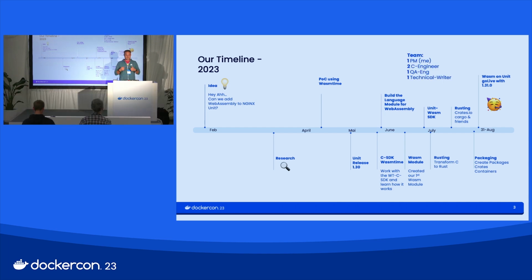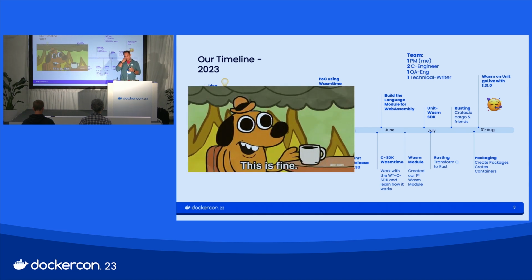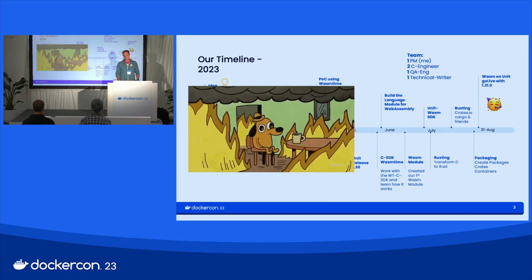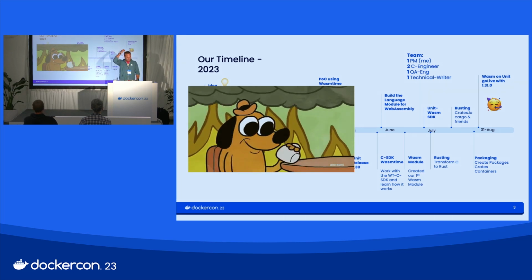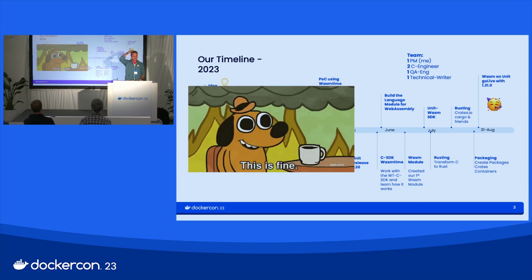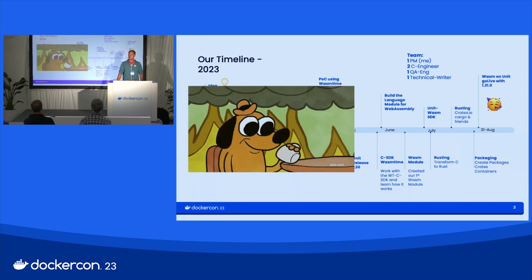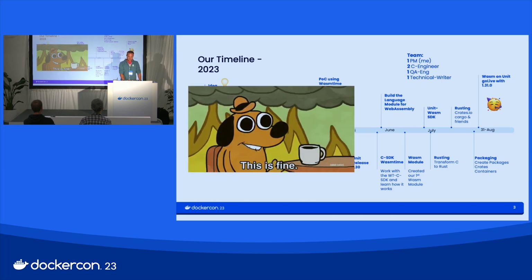with 1 PM, that's me, 2 C engineers, 1 QA engineer, and 1 technical writer working on this full time, well, yeah, this is fine. My wife is saying I lost a couple of hairs, and I think that's due to this, because it was a lot of night work and a lot of reading and a lot of investigation.